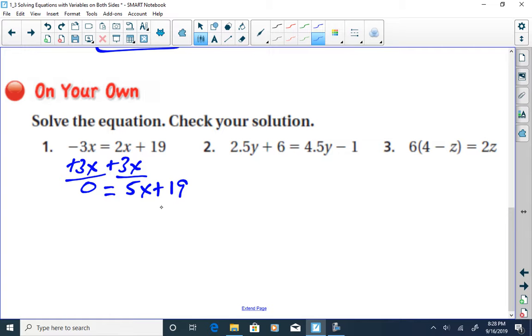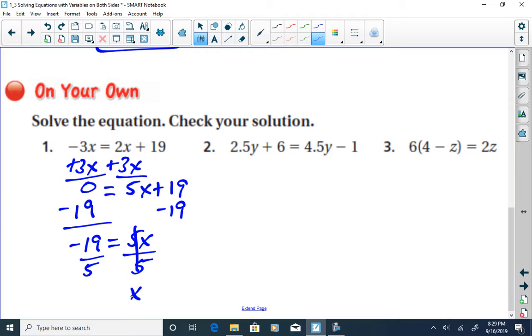In order to get x by itself, we'd have to subtract 19 from both sides of the equation. We wind up with negative 19 is going to be equal to 5 times x. And when we divide both sides of the equation by 5, they cancel.